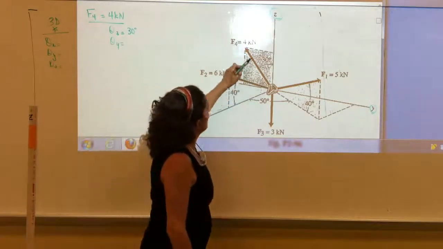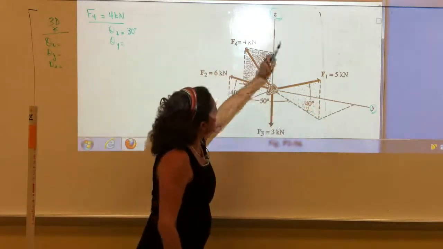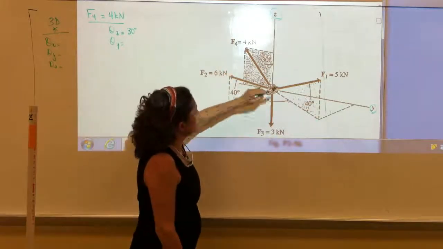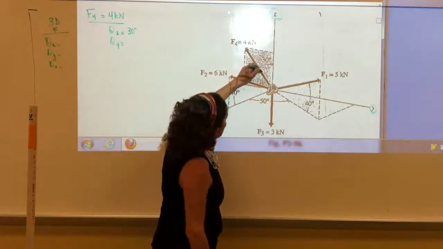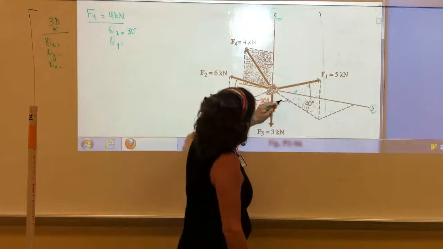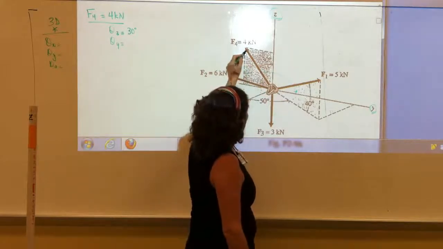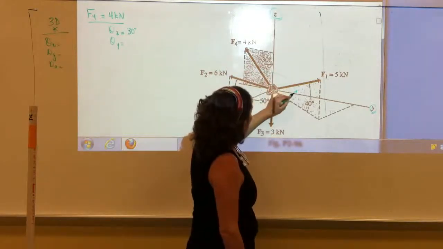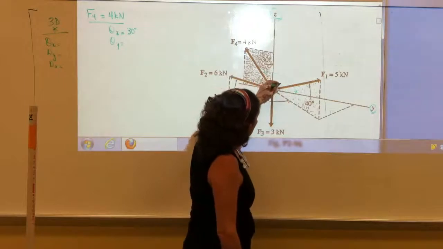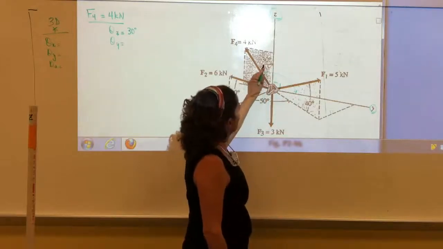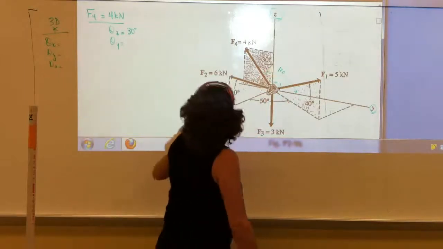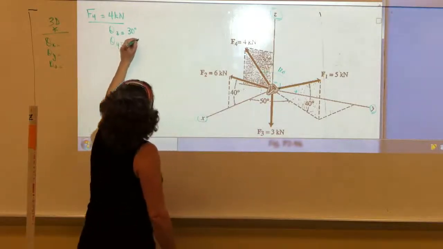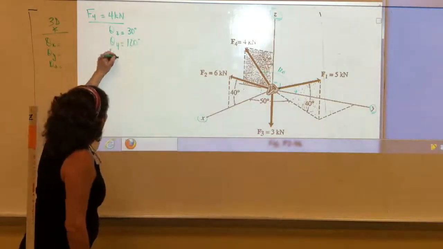Well, we just said that it lies on the YZ plane, so theta y should be this angle right here. It's the angle between the force in question and the positive y-axis. This right here is 90 plus 30, so it's 120 degrees.